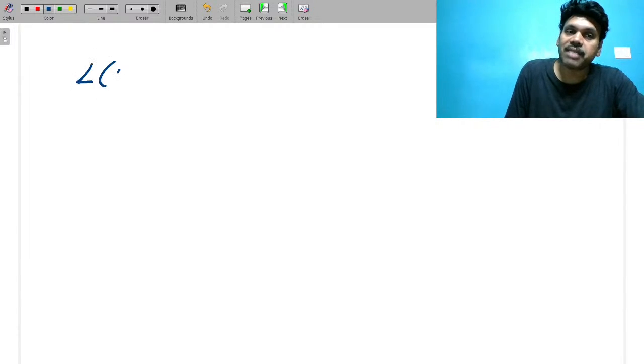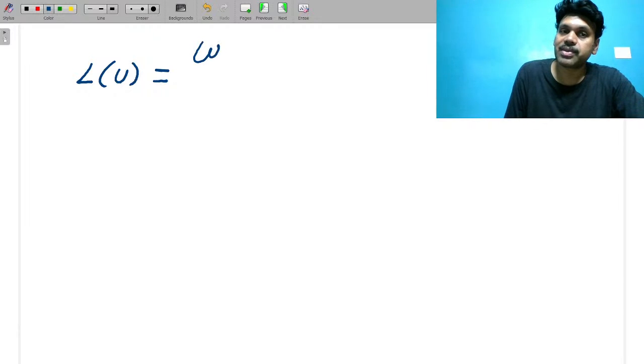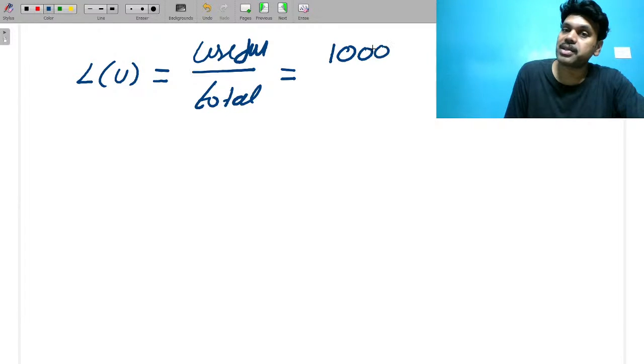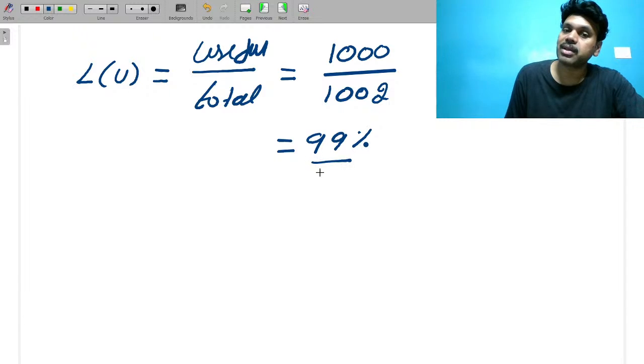When you say link efficiency, it is useful divided by total. So your useful is the 1000 data characters I am sending, divided by your total, which is only 1002. Therefore, your efficiency is almost 99%.